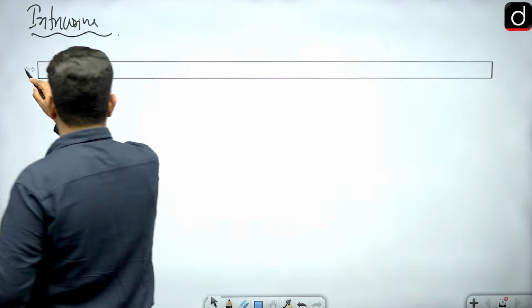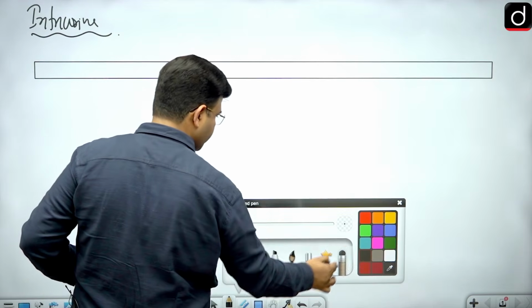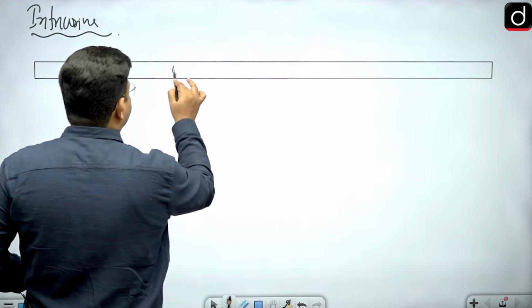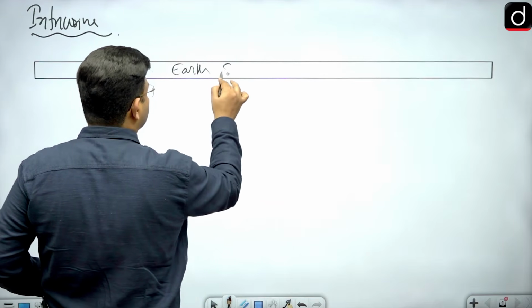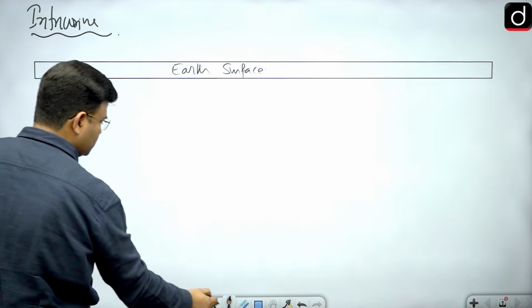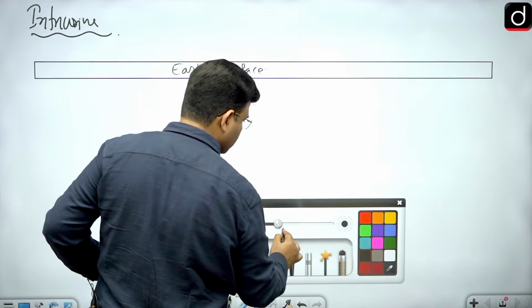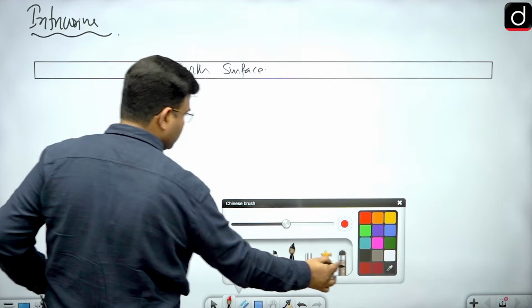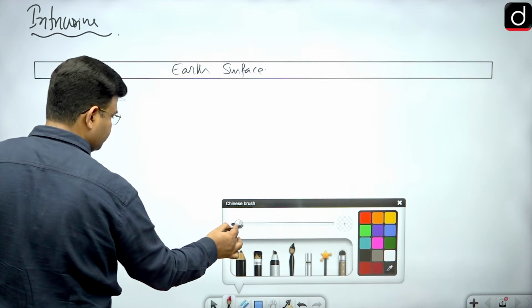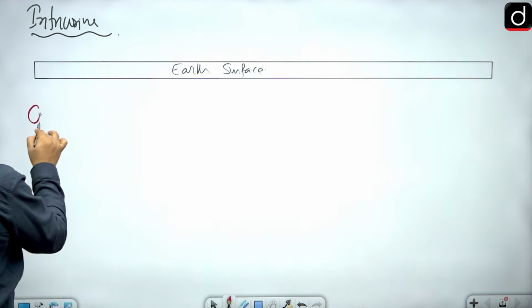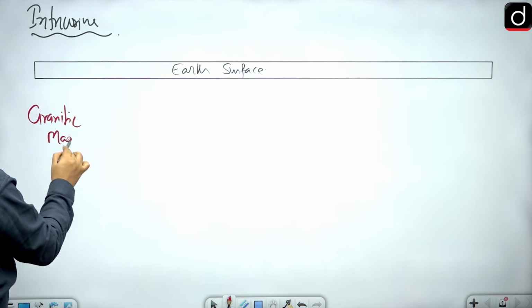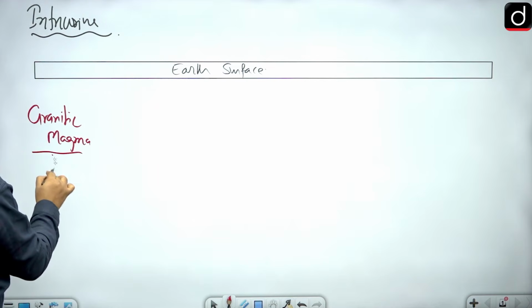This is an earth surface, and you know that there are granitic magmas, especially if I talk about granitic magma below the earth surface.